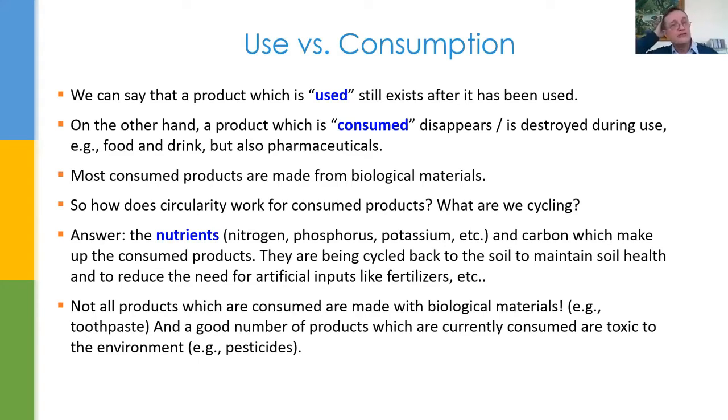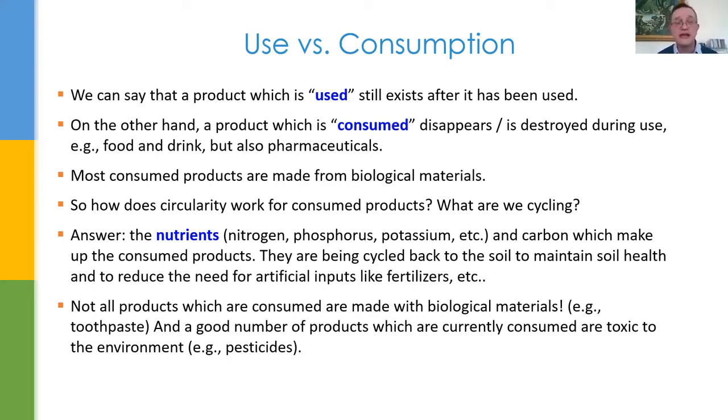Now, most consumed products are made from biological materials, which is why in the butterfly diagram, the consumer is sitting on the biological cycle. Now, okay, so if the products which are consumed disappear or are destroyed, what are we talking about then in terms of circularity for consumed products? Because we're definitely not cycling the product. What is it that we're cycling?